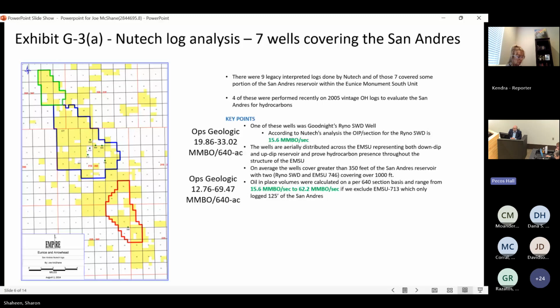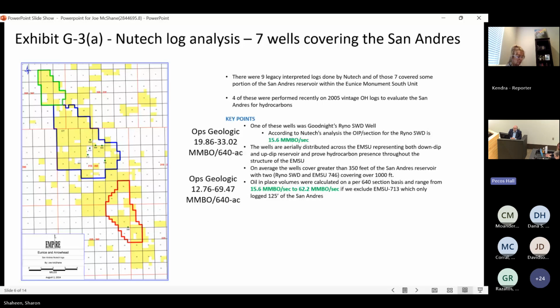We also wanted to show that the wells are areally distributed across the MSU, representing both down dip and up dip reservoir, so we should get a good spread. There's some on the apex and some coming off of the flanks of the apex of the structure itself. And on average, these wells cover greater than 350 foot of the San Andres Reservoir.